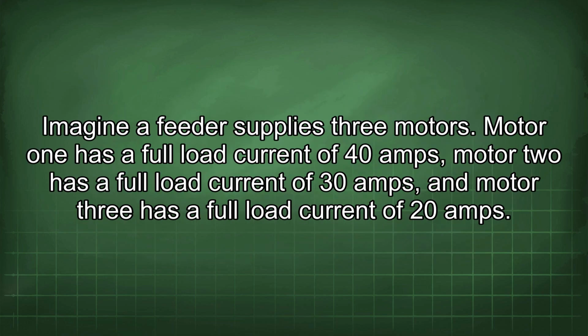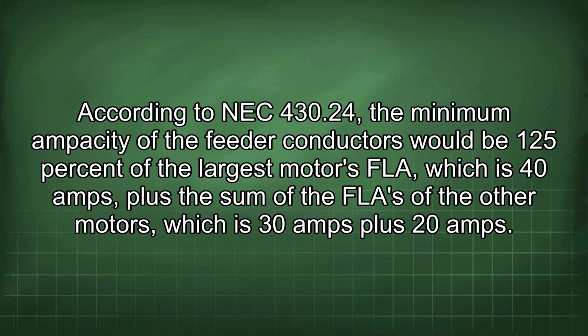Imagine a feeder supplies 3 motors. Motor 1 has a full load current of 40 amps, Motor 2 has a full load current of 30 amps, and Motor 3 has a full load current of 20 amps. According to NEC 430.24, the minimum ampacity of the feeder conductors would be 125% of the largest motor's FLA, which is 40 amps, plus the sum of the FLA of the other motors, which is 30 amps plus 20 amps.